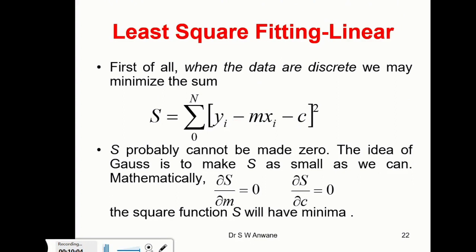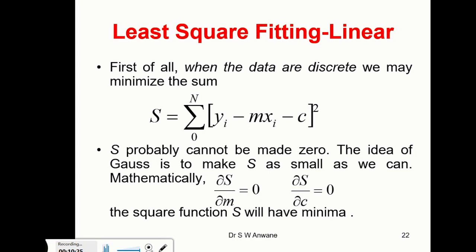The least square fitting method we want to do in the form of the equation of a line, y equal to mx plus c, which we are trying to fit into the given data, and what we want to know is the slope of the line and the y-intercept of the line.